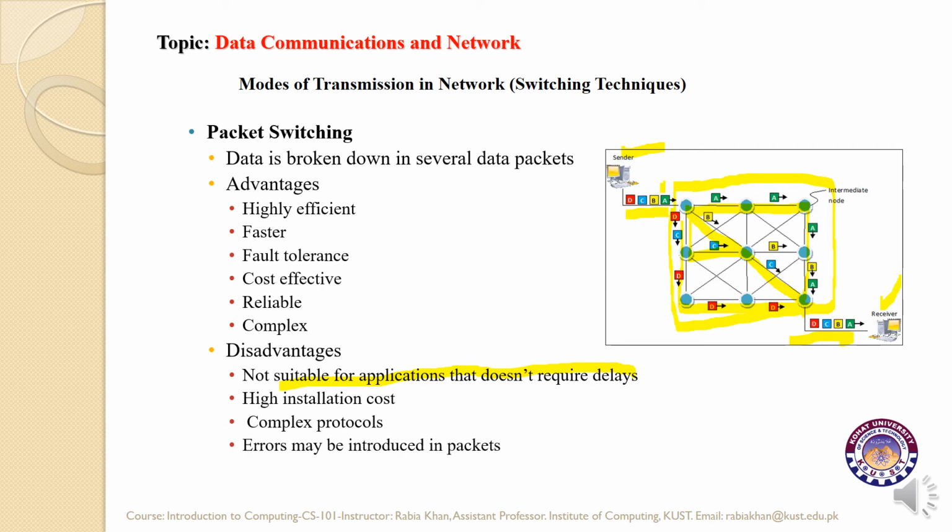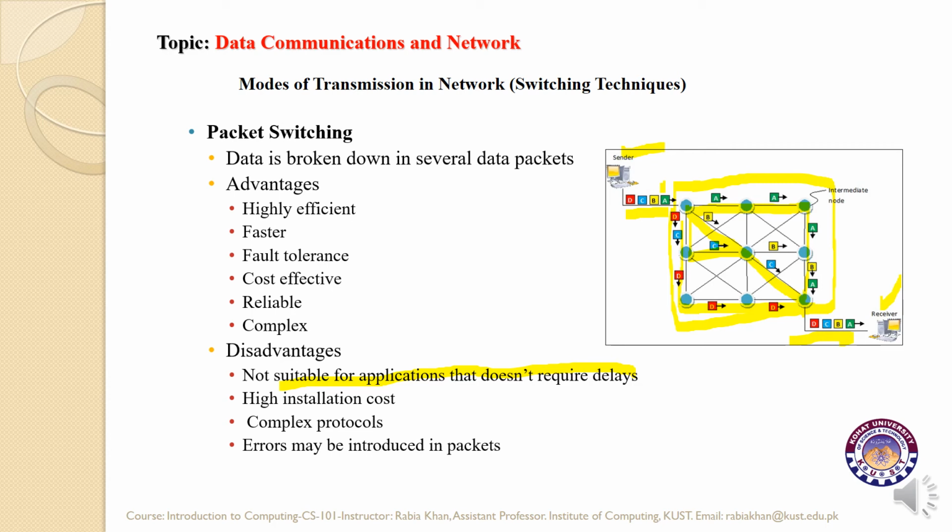All that information needs to be established in the protocols before sending the data from the sender to the receiver. Another disadvantage: errors may be introduced in packets. As I just said, some of the packets may be lost if a node is not working and the packet has been routed through that node, so that packet has to be resent by the sender. Some packets may also get torn off or have errors introduced while passing from sender to receiver, since it is not a secure mode of communication.